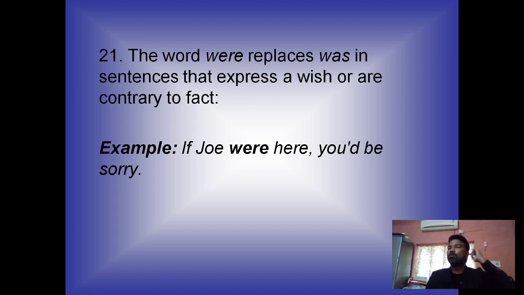Okay, so when you express your wish, if I were Pavan Kalyan, I would not enter into politics. Are we clear? So if I were Amitabh Bachchan, I would have donated all my, let's say, riches to the poor. So if I were, so which means, read this rule once again.